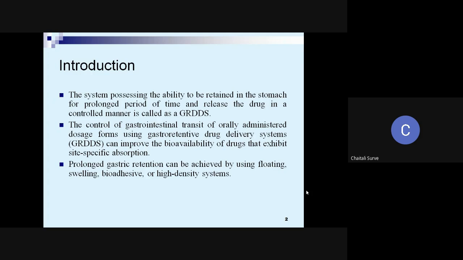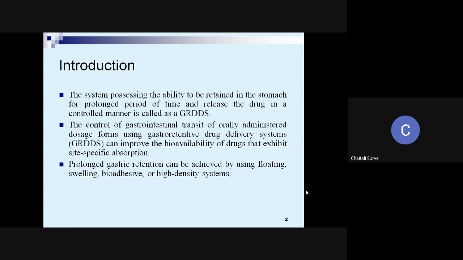Another issue with this system is that out of the total bulk of the dosage form that you give, only around 2 to 3% gets attached. The rest all enters the small intestinal region. So even though it is a good system, you have to assess its pros and cons, and then administer it to the patient. This was the brief background of the gastroretentive drug delivery system.